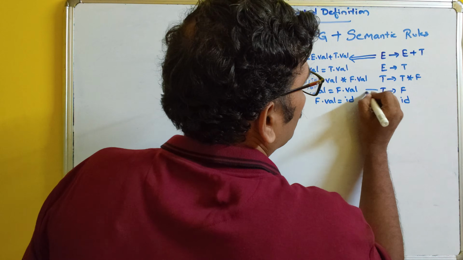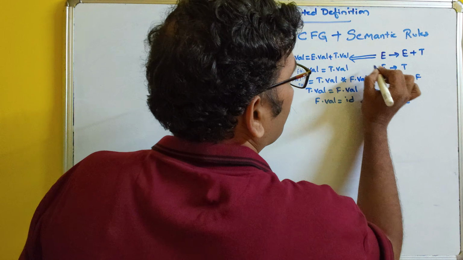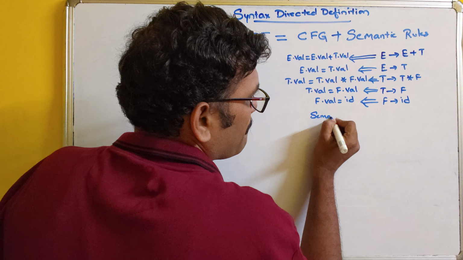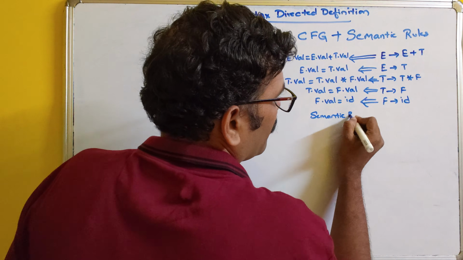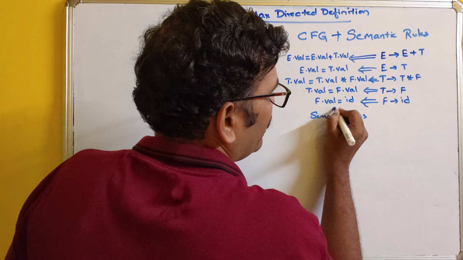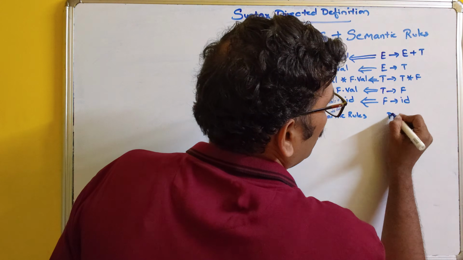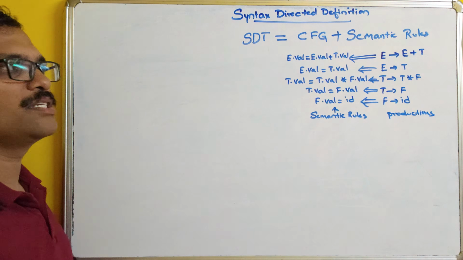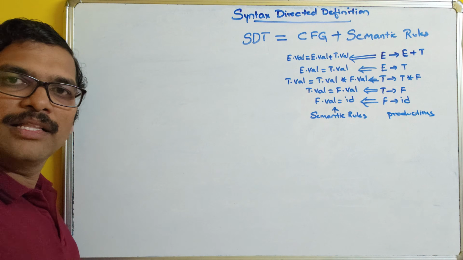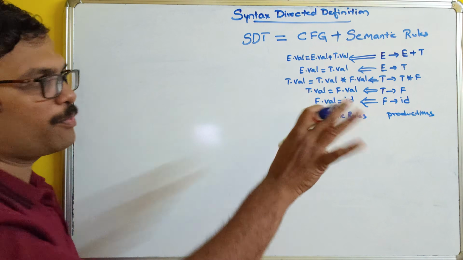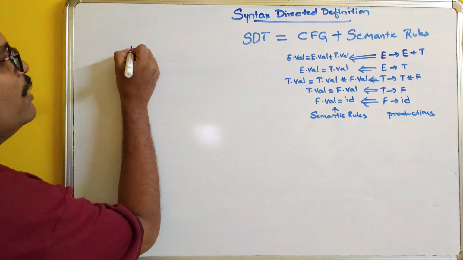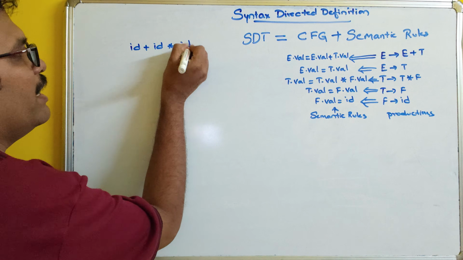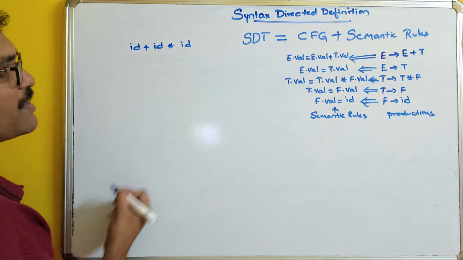So these are all semantic rules, and these are all productions. Okay, the semantic rules and the productions. Now the input is ID plus ID into ID. So how can it be represented here?